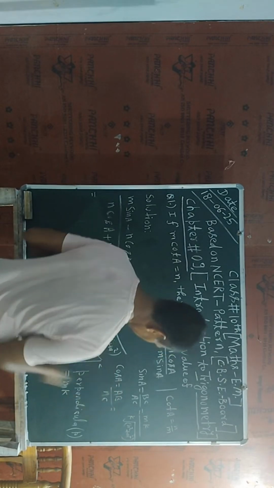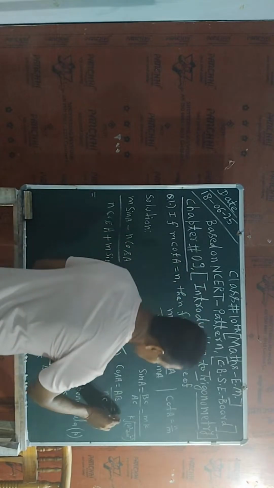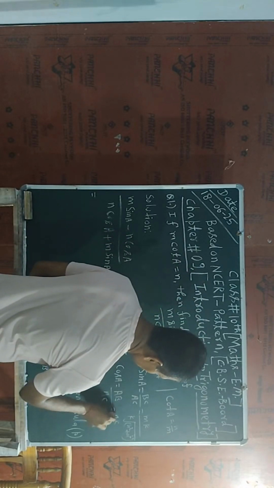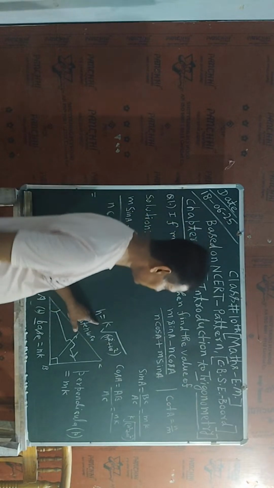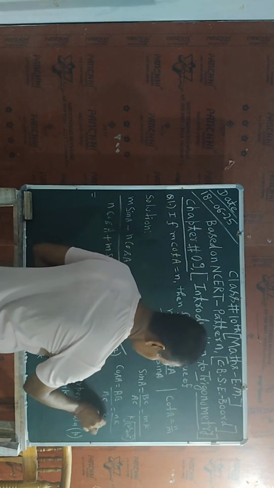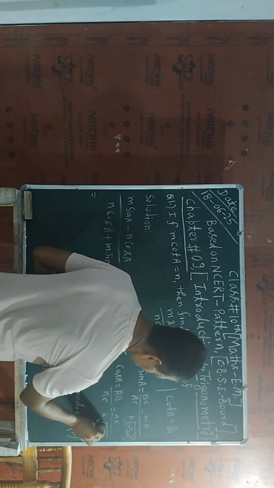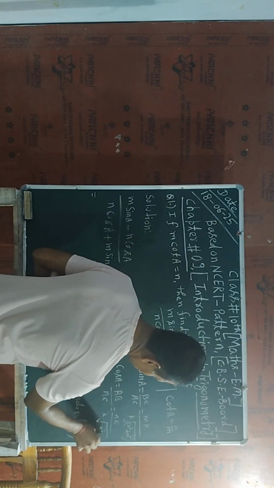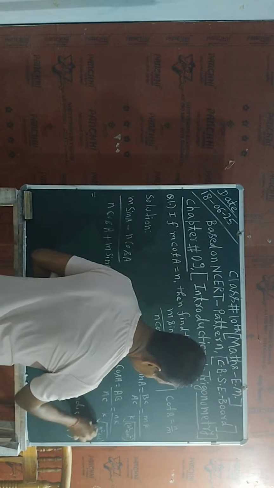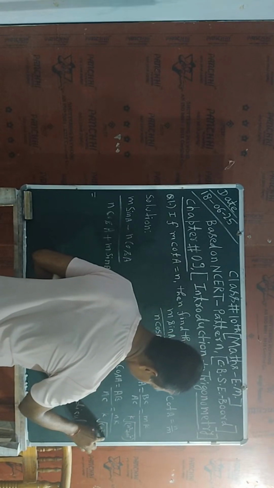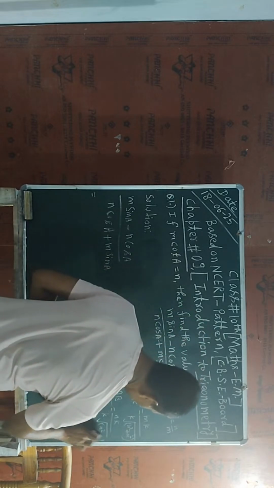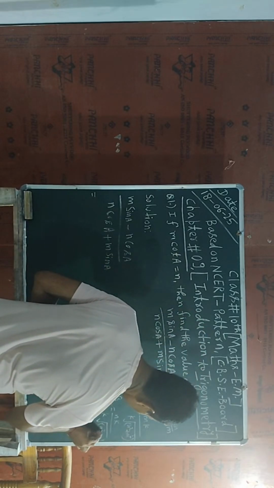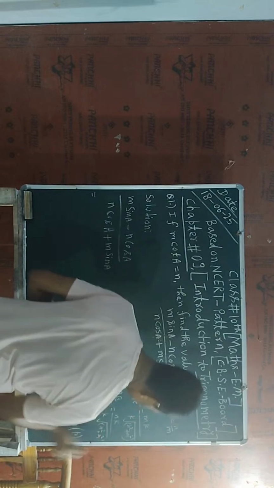The length of AB is N into K, divided by the hypotenuse, which is K times the square root of N square plus M square. I have got this value with the help of the Pythagoras theorem.